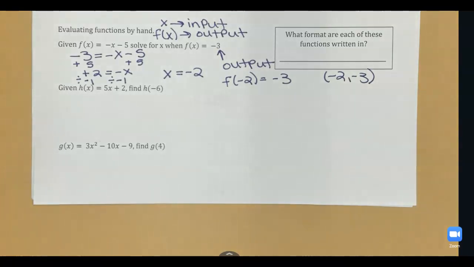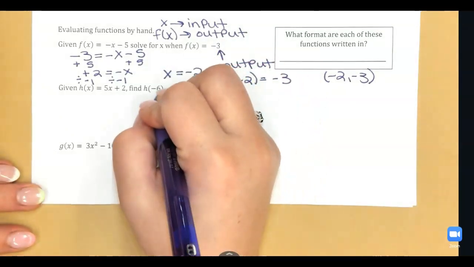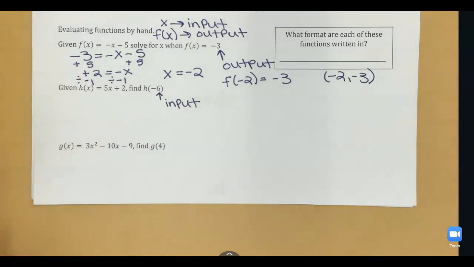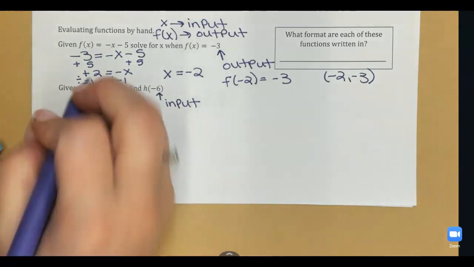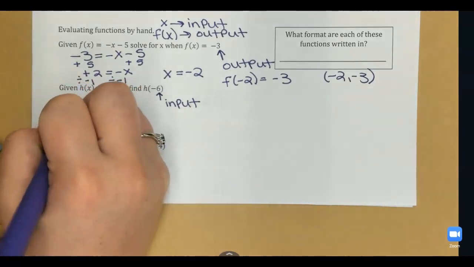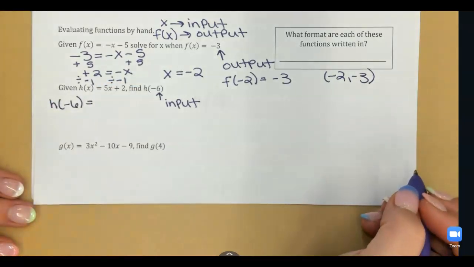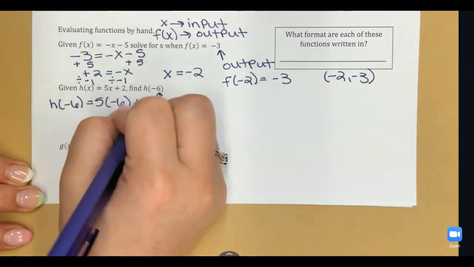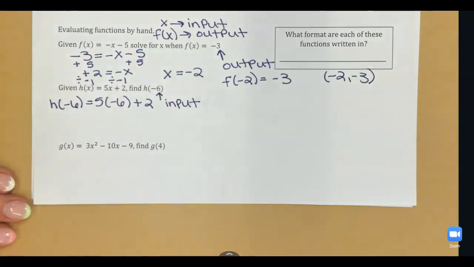Okay, on the next one, I've got h of x is equal to 5x plus 2. Find h of -6. On this one, I am being given the input, which means I am going to input -6 into my function. So everywhere that I have an x, I'm going to replace it with -6. And I'm going to be solving that following my order of operations.